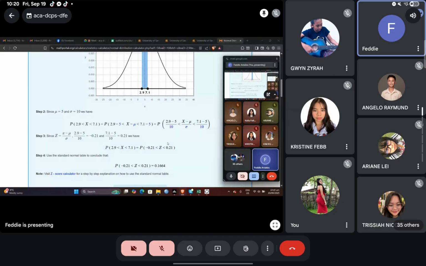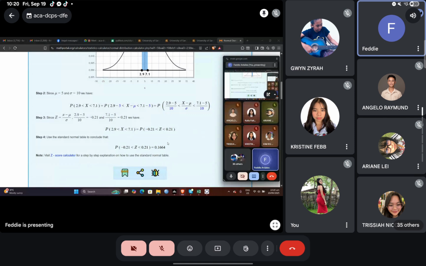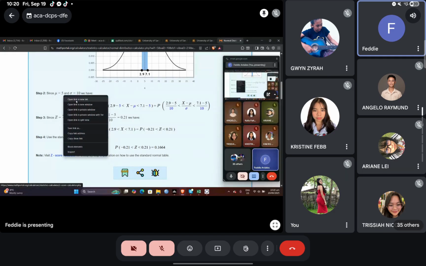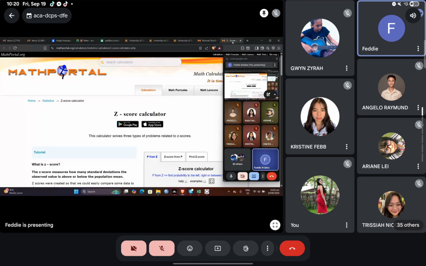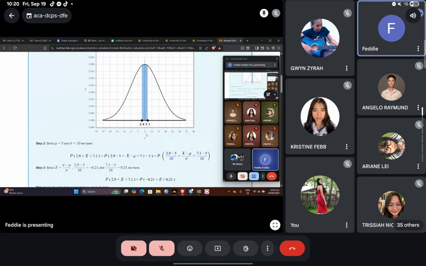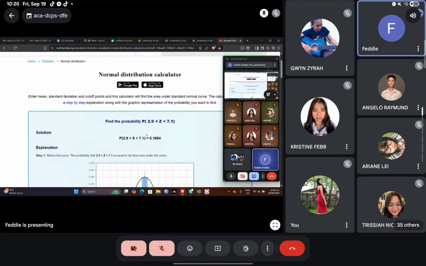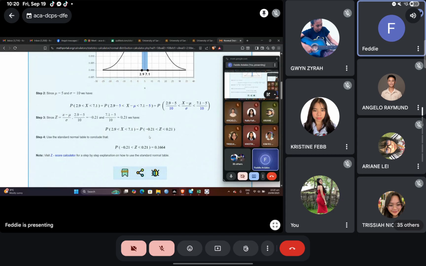If you click on this one, the Z-score calculator, it's the same. This is already the Z-score calculator, so it doesn't show the table. But this is how to use the standard normal table.